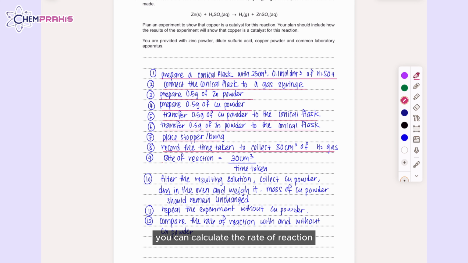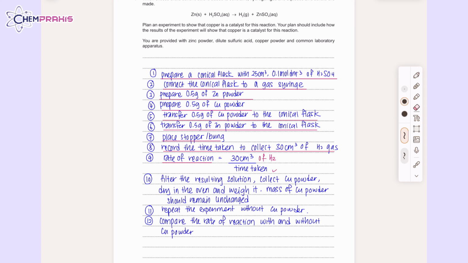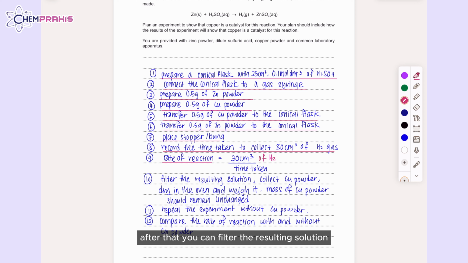You can calculate the rate of reaction by using this formula: the cm³ of hydrogen gas over the time taken. After that, you can filter the resulting solution and collect the copper powder. You can dry the copper powder in the oven and weigh it. If copper is a catalyst, the mass of copper powder should remain unchanged.